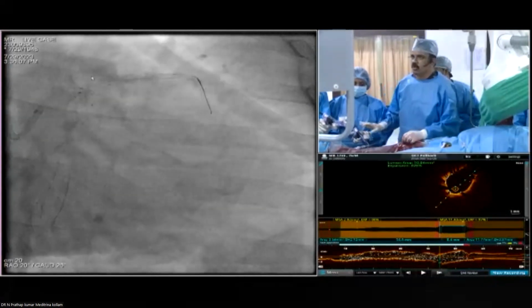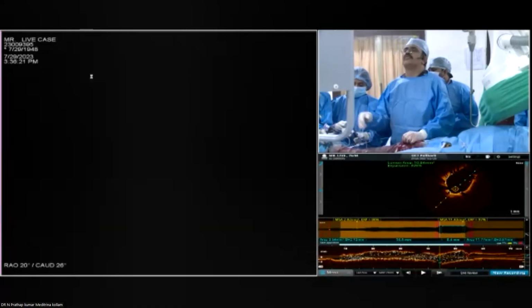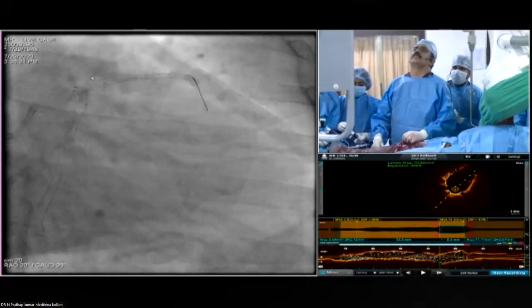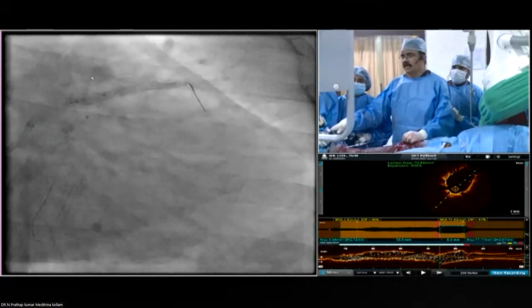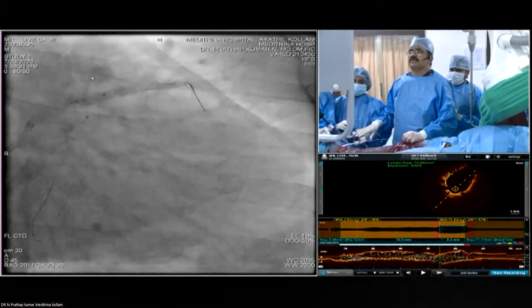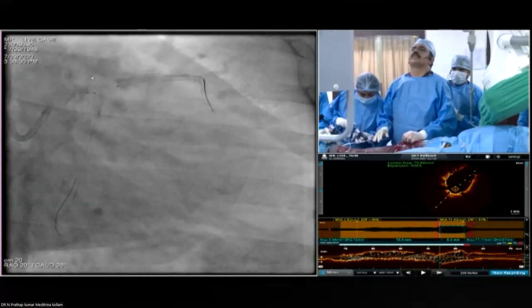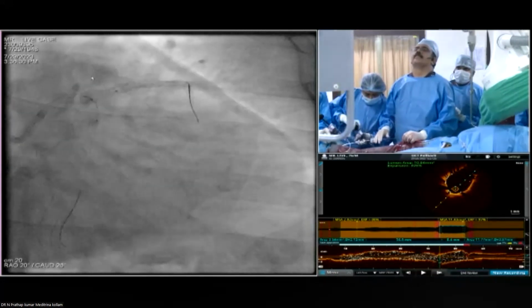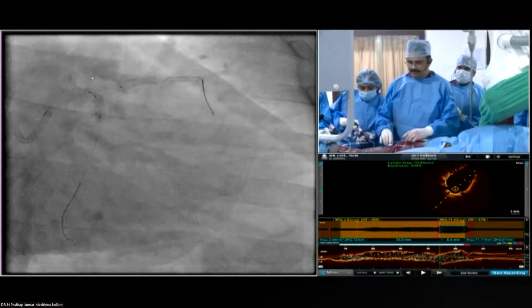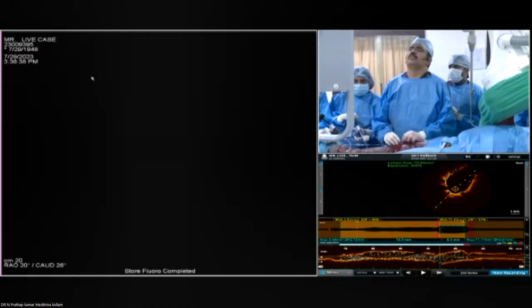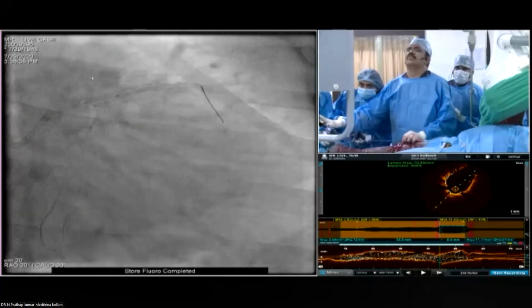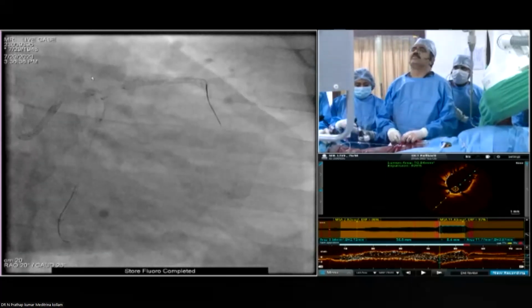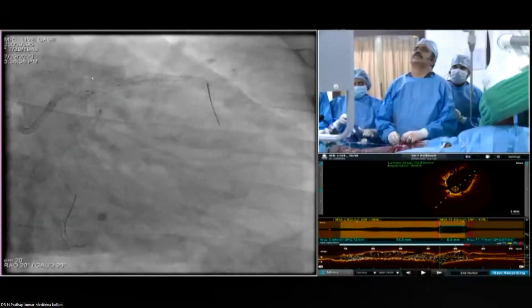Do you go LAD and LCX sequentially or do you go simultaneously? No, initially we go sequentially. Now deflate. I will go circumflex 15. Deflate. Now I will go both together at 10. You have to go back with a circumflex balloon, I think.